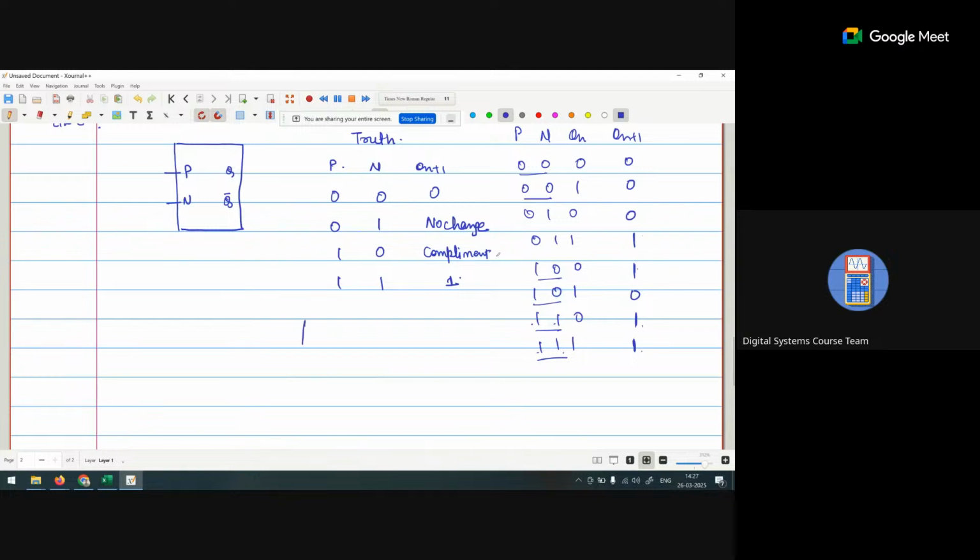Now can we derive the equation for Qn plus 1 using the K-map? With P and Qn, we place the values 0, 1, 1, 0 and 1, 1 in the map.